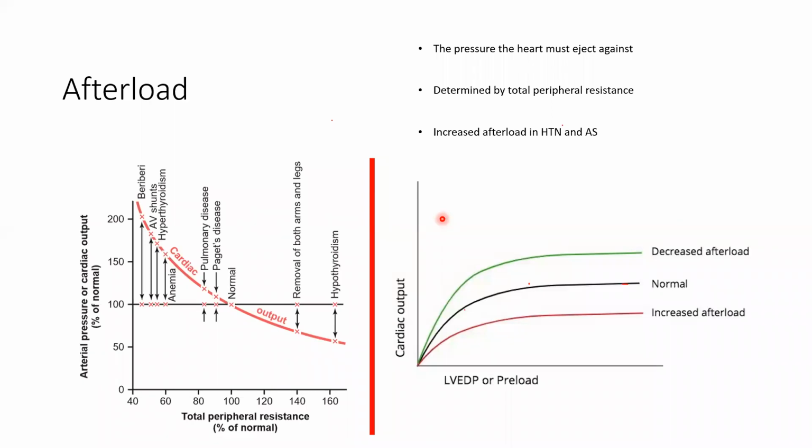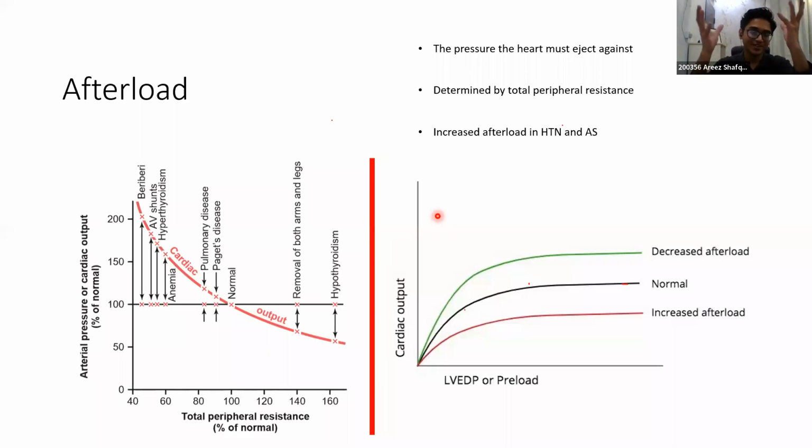Venous return. Venous return, because preload is the amount of blood in the ventricle. Venous return is the amount of blood coming into the heart. That means venous return will also determine the amount of blood in the ventricle. If I have high venous return, the ventricle contains more blood, the ventricle contracts more. This is Frank-Starling.